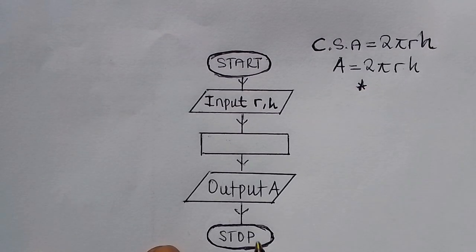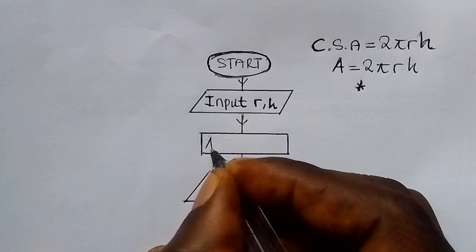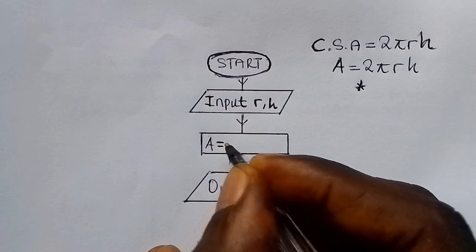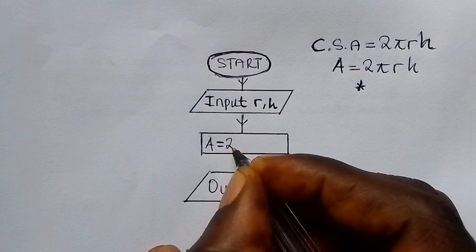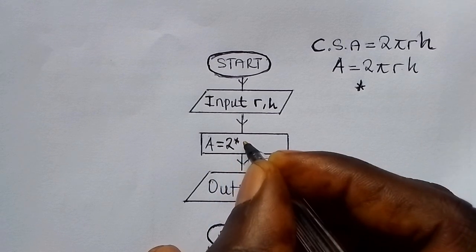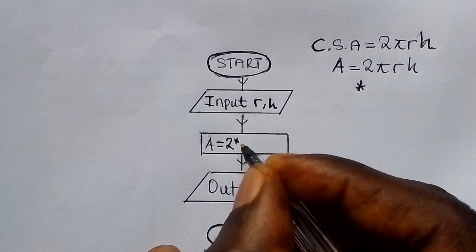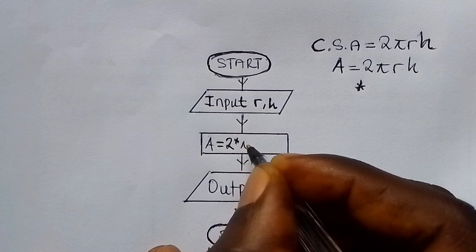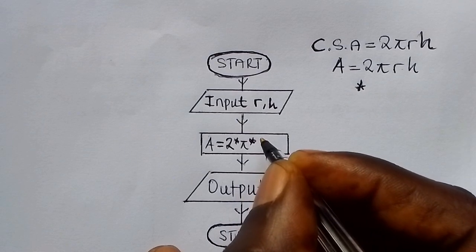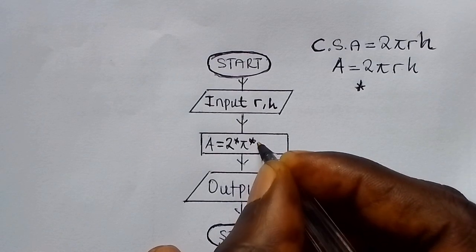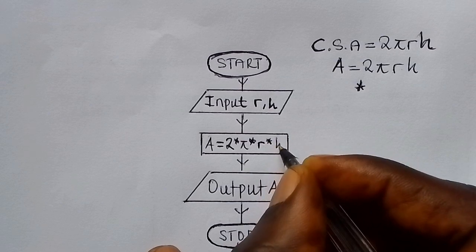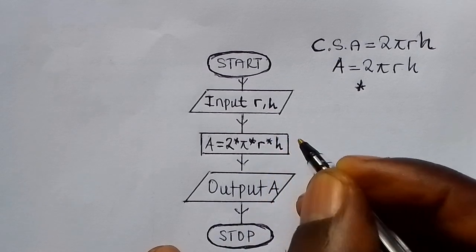So this will mean that area is equal to, this is curved surface area, is equal to 2, then we'll say star or asterisk, then pi, then again asterisk, then R, then asterisk, then lastly h.